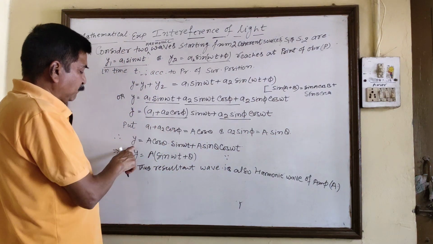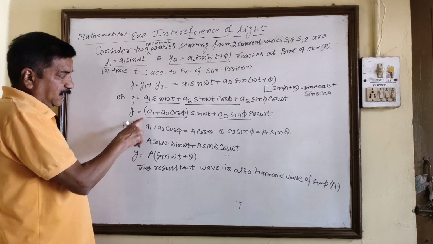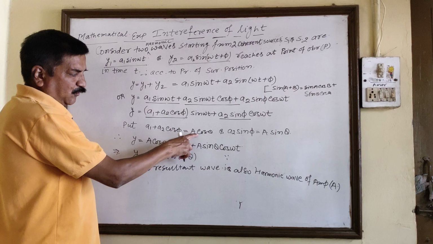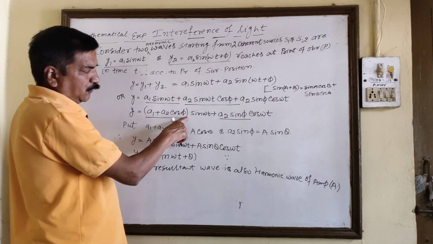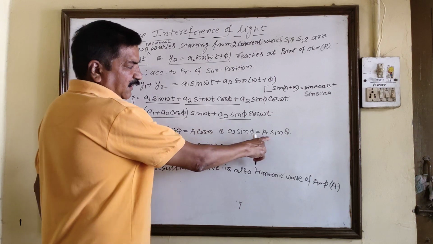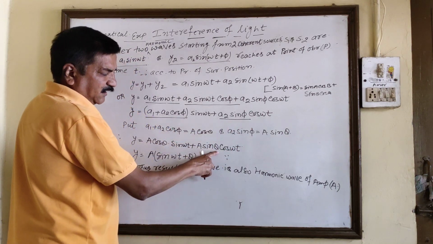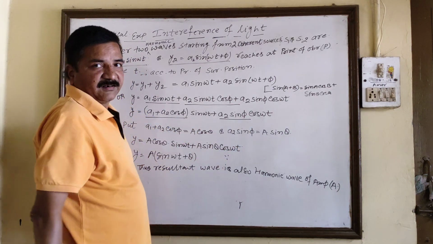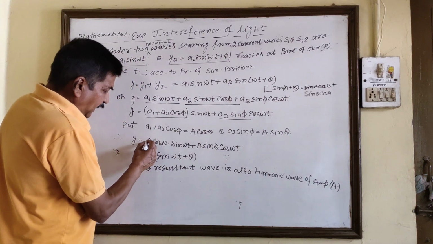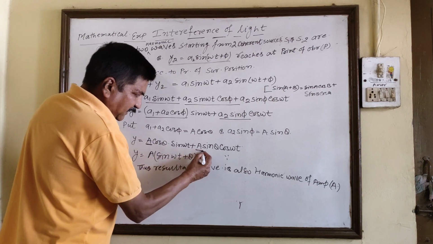So here you will get y is equal to, instead of a1 plus a2 cos phi, A cos theta into sin omega t plus, this term being A sin theta, so you will write A sin theta into cos omega t. Right? And now if you see, A can again be taken as common.